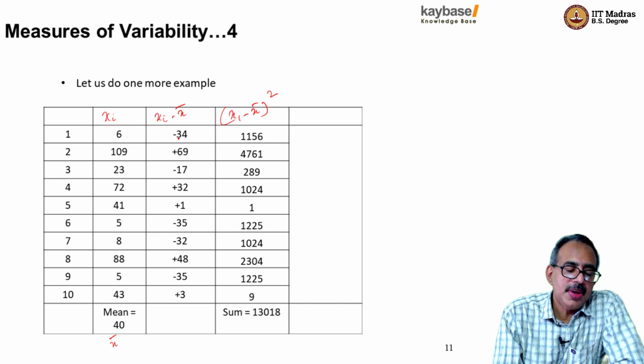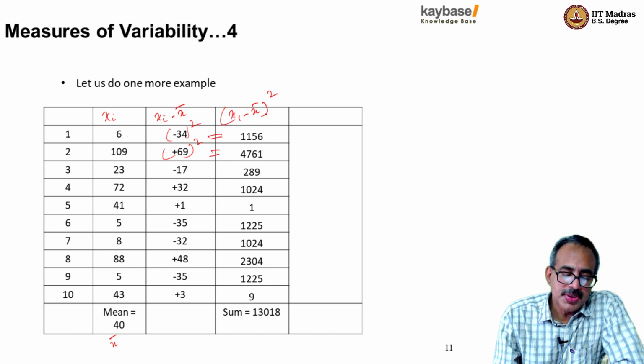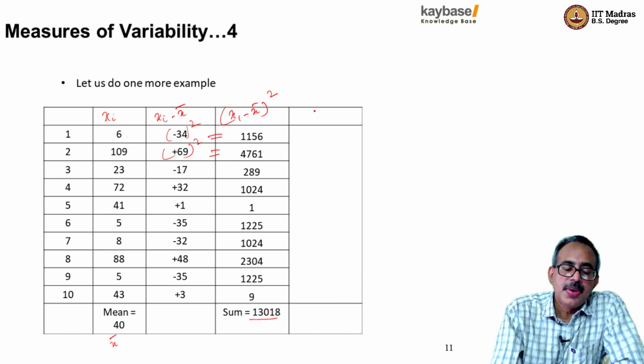So 34 minus 34 squared is equal to 1156, plus 69 squared is equal to 4761, so on and so forth. And the sum of this is 13018. So what is the standard deviation?